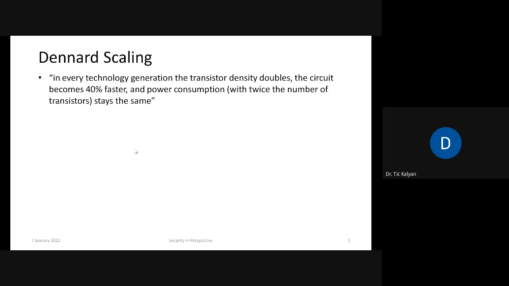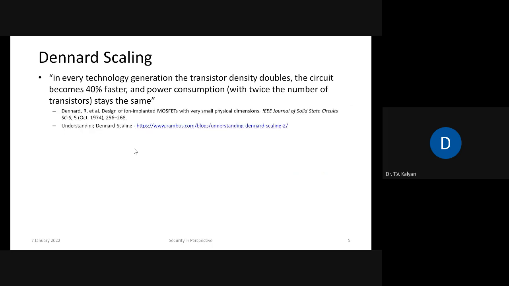Now, during the same time when Moore's law was proposed, Dennard made another observation. It's not a proposal; it was an observation, saying that with every technology scaling, the transistor density will double.